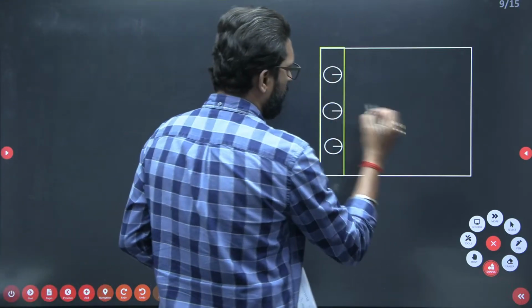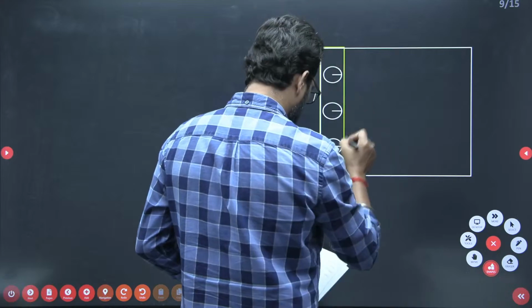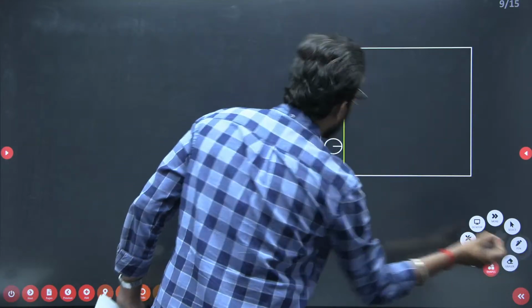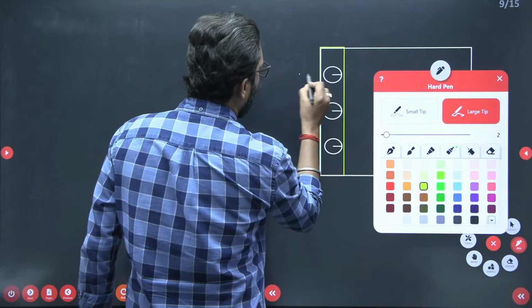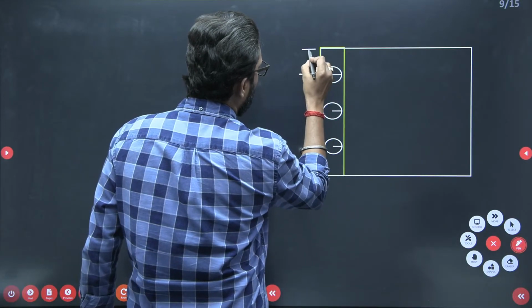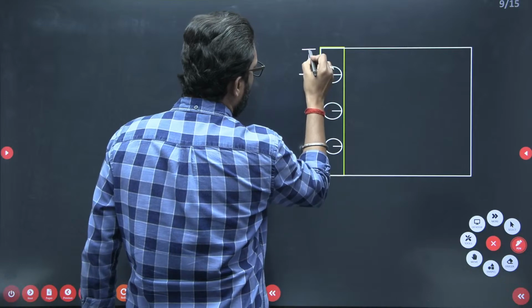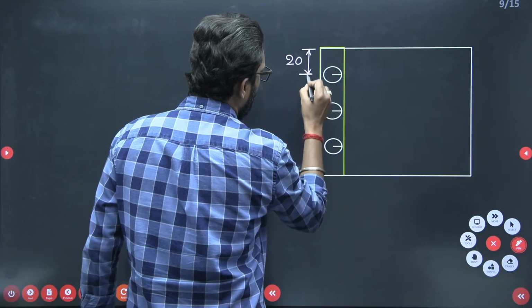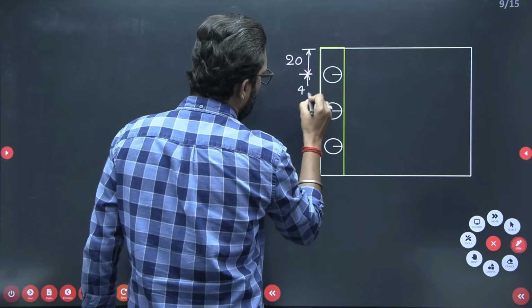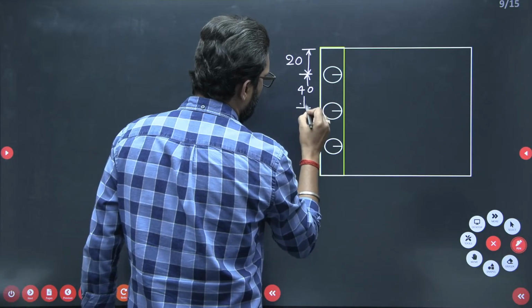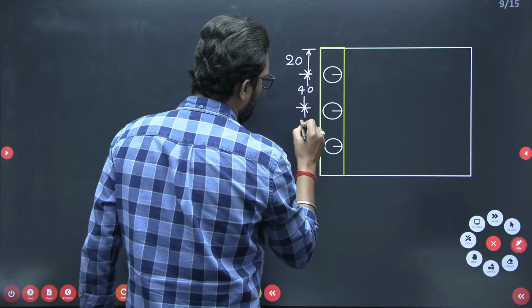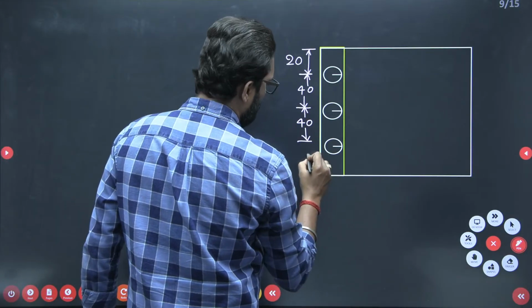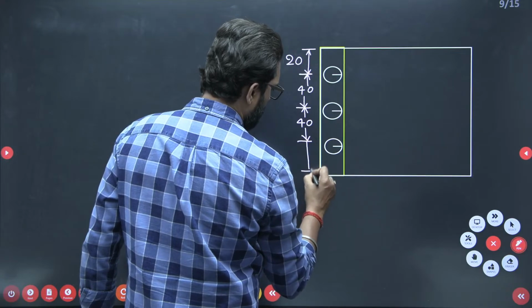Now for these 3 bolts, the distances are given, from here to here. All dimensions are in mm. 40 is given, 40 is given, and this is 20.